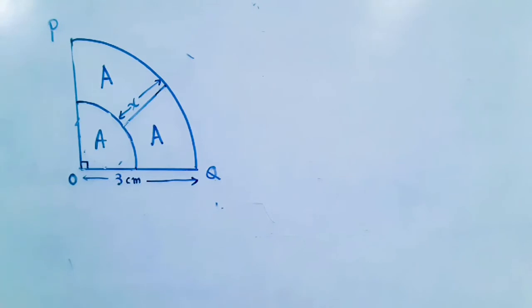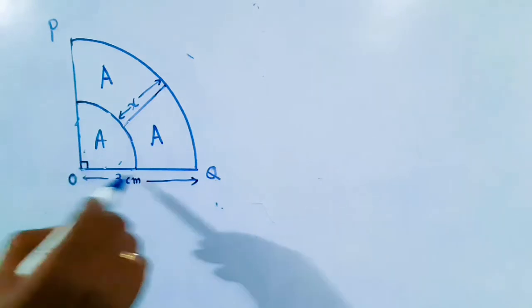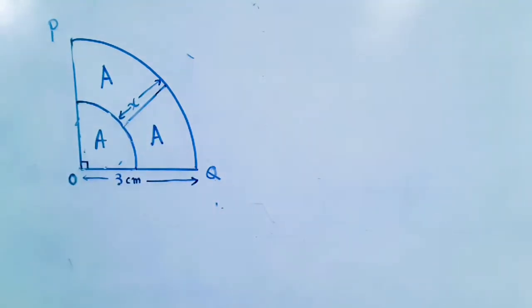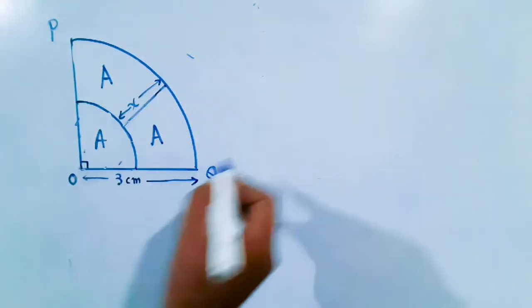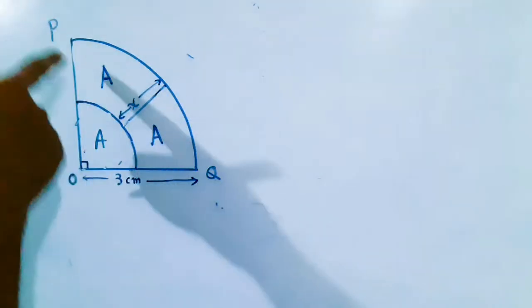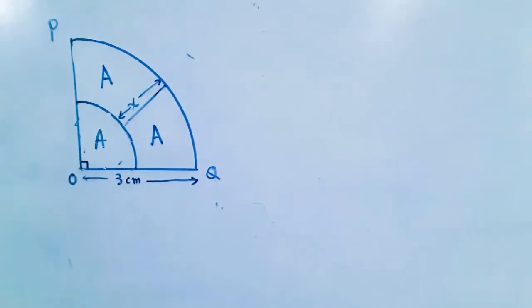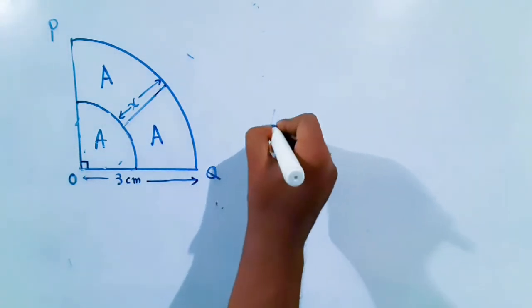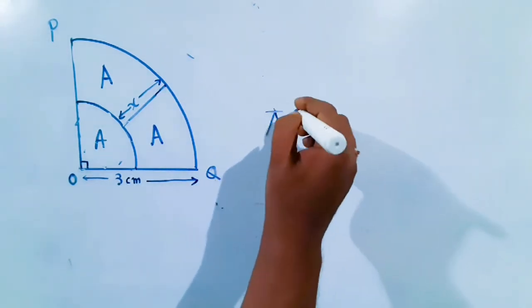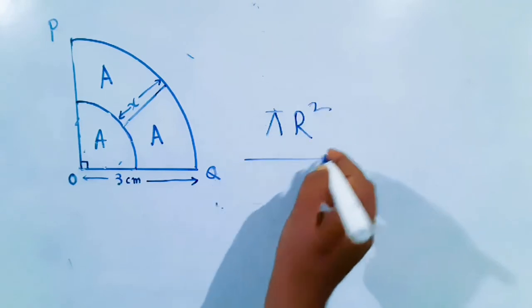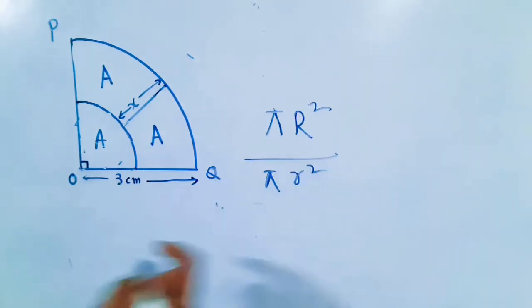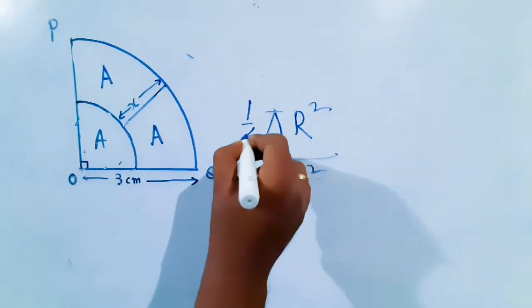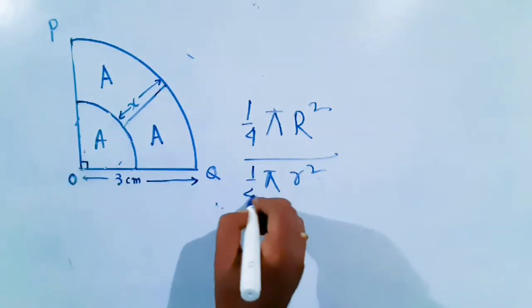We will apply the ratio properties. Here already we have said they are two concentric circles, and their parts are given here. So if we think bigger part 3a and the smaller part a, then the ratio of area: bigger circle's total area pi R square, small circle's area pi small r square. This part is 1/4 and this part is 1/4.